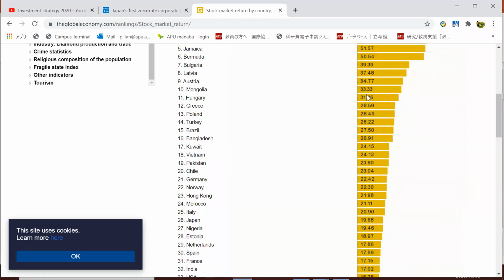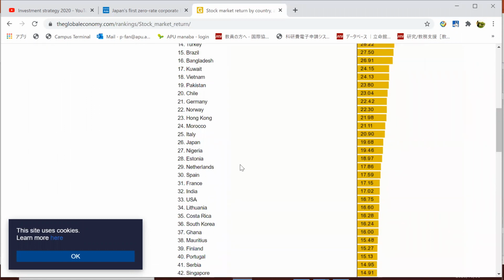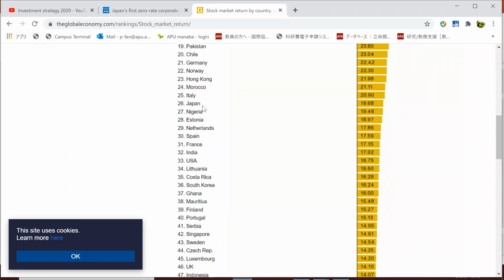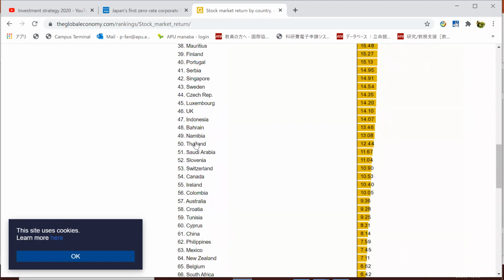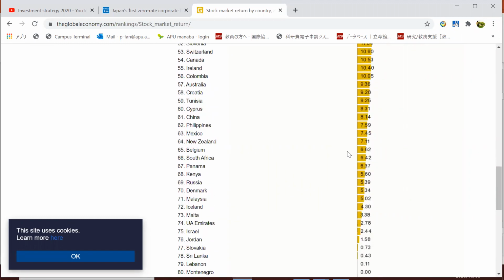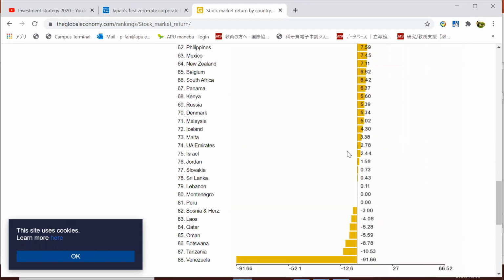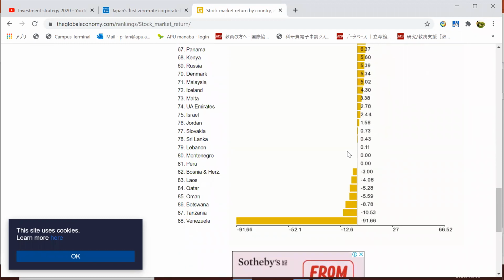And let's see some developing countries in Asia. Japan is 19%. It's good compared to the past. And Thailand, 12%. Malaysia is 5% in 2007.